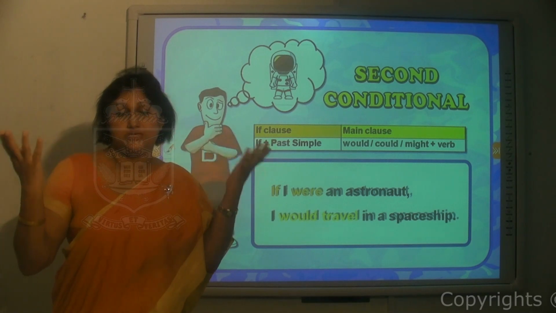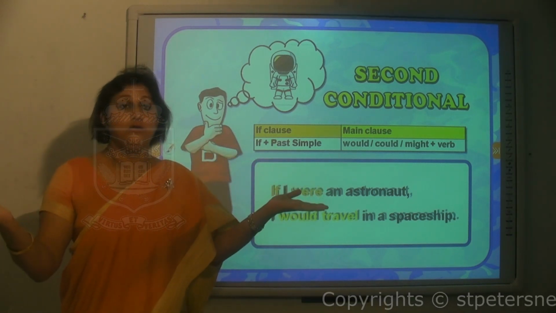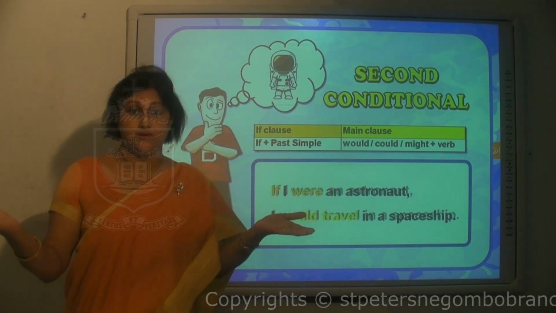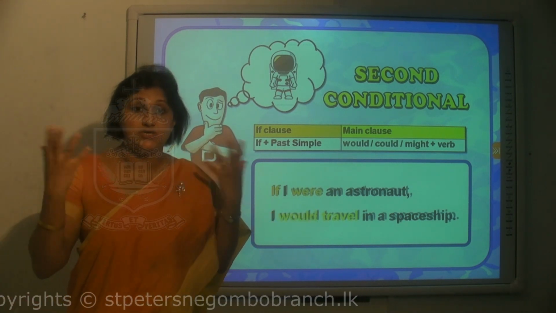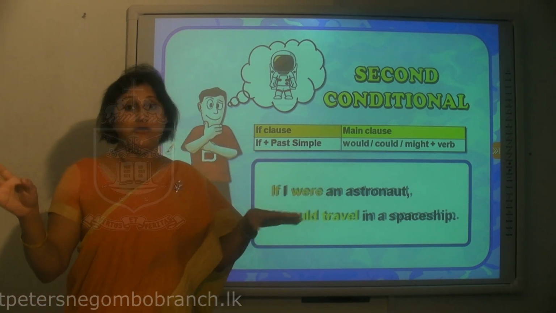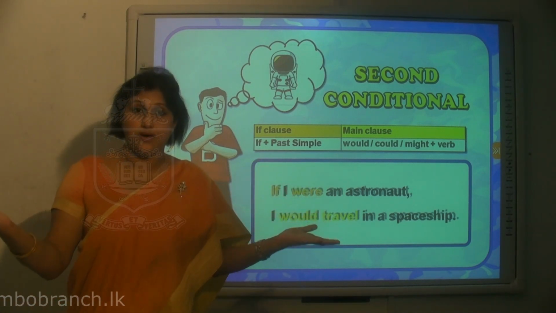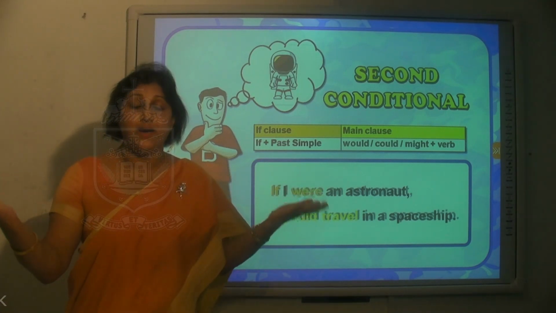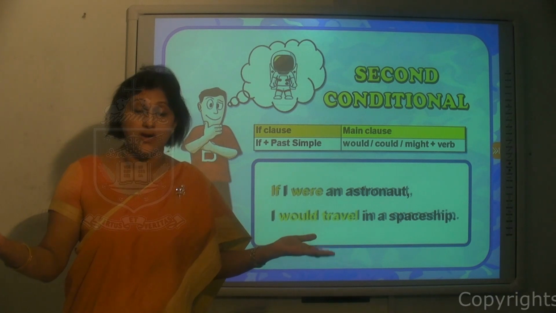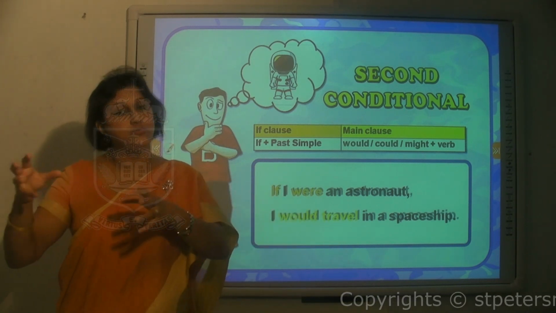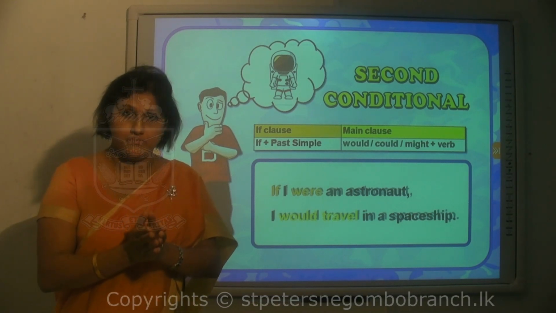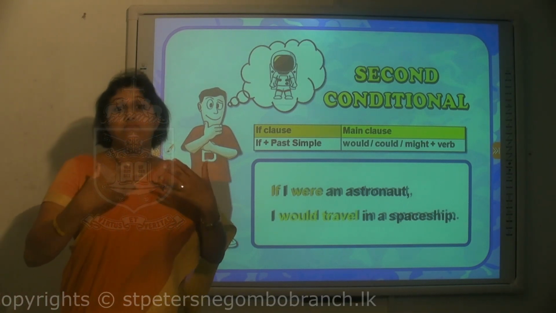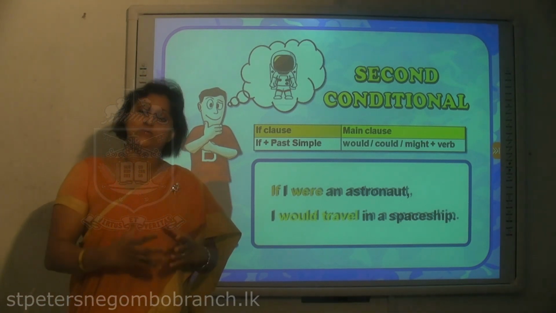You are just imagining. If I won a lottery, now you have not won it, but you imagine, if I won a lottery, I would buy a brand new car. So that is something to do with the past, but you have not won the lottery, right? So this is just you imagining the situation.